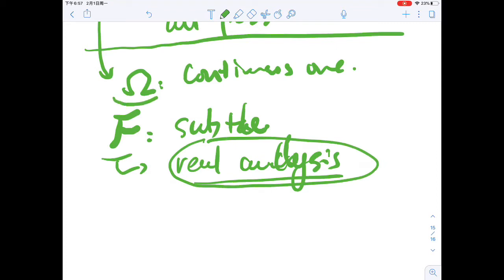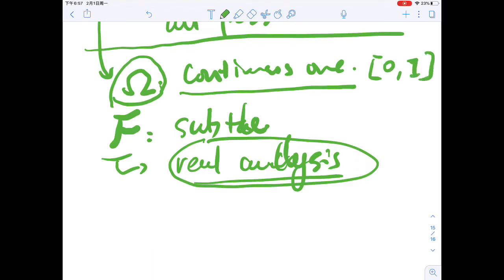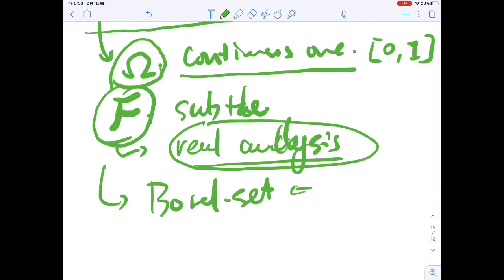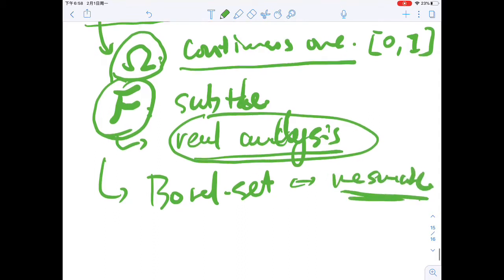When omega is a continuous space, say it can be any value between 0 and 1, then F needs to be the so-called Borel set. There's also a notion of measurability here.